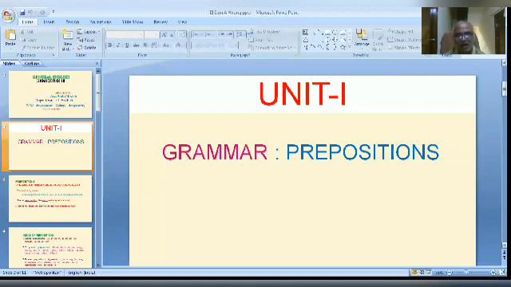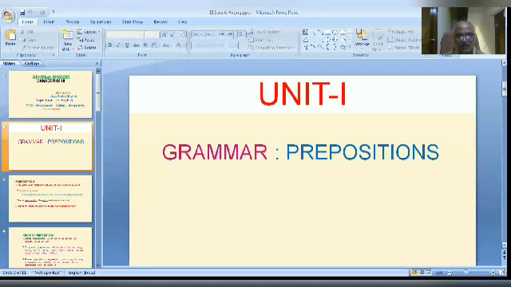So the word on is establishing the relationship between the book and the table. Means the book is not under the table. The book is not beside the table, but the book is on the table. So the word on is establishing the relationship, how these two things, the book and the table, are related.